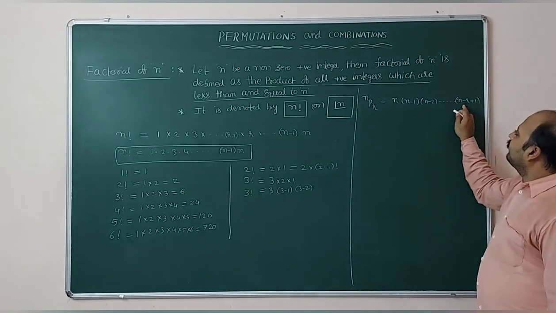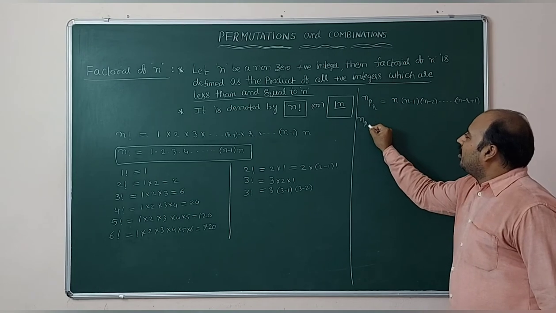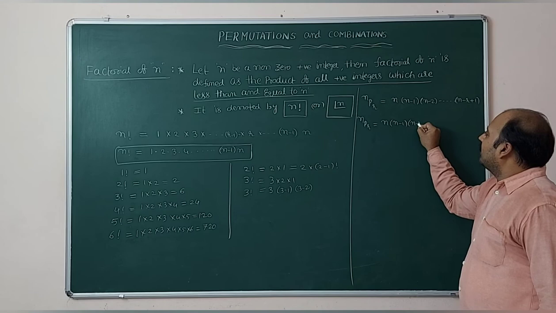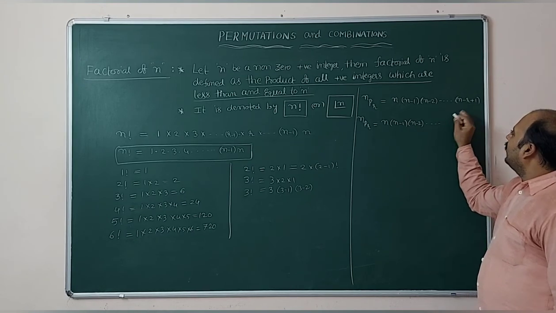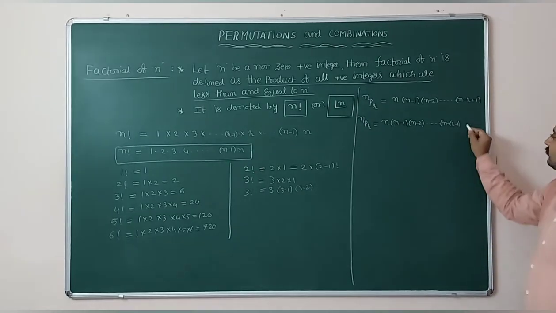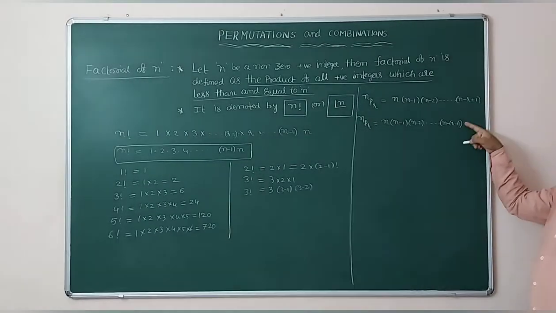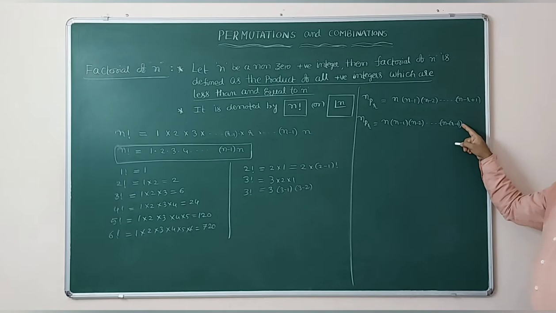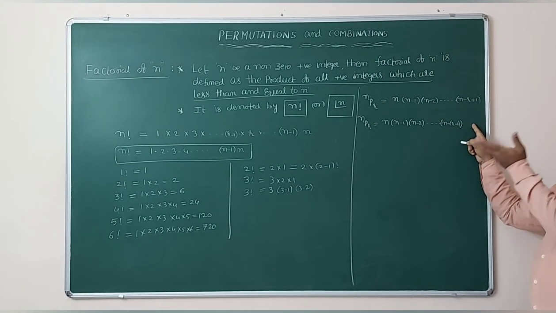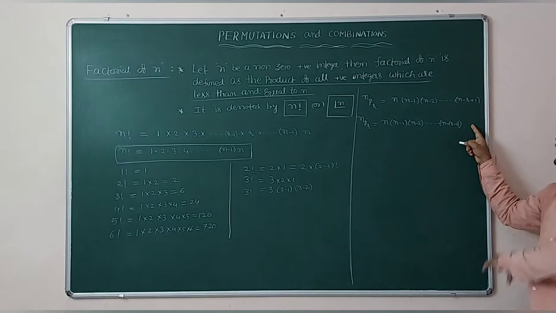But here nPr, observe carefully, n into n minus 1 into n minus 2 and so on, n minus of r minus 1, n minus r plus 1. After r minus 1, the r term will be there now. After that, the r plus 1th term will be there and so on.